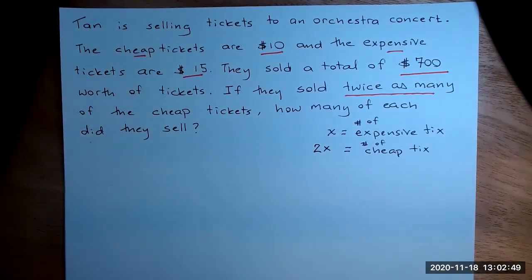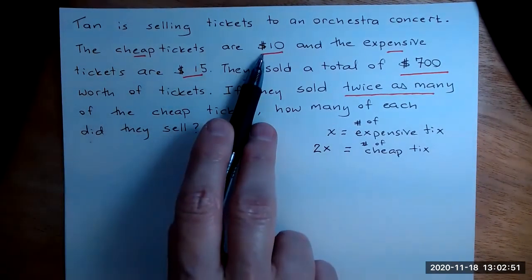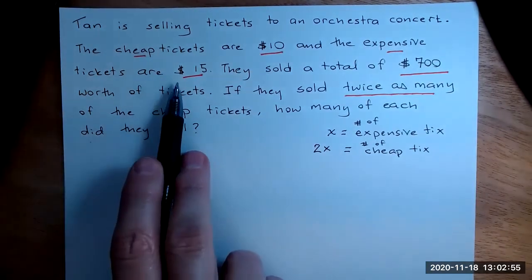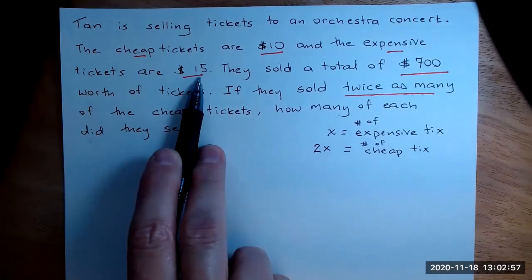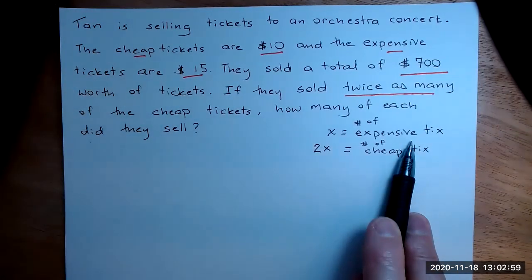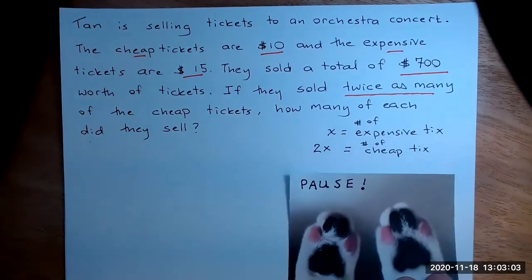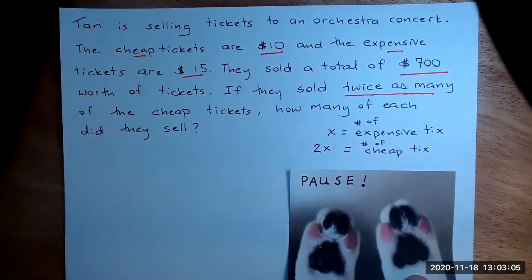All right, so they made $10 each from the cheap tickets and $15 per ticket from the expensive tickets. And then again, if you want to hit pause and set up that equation, this would be a good time.